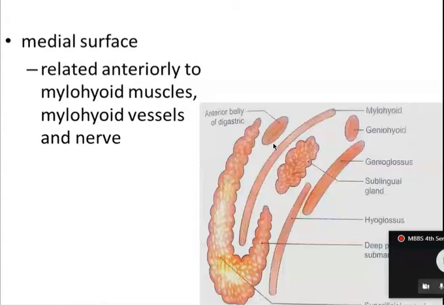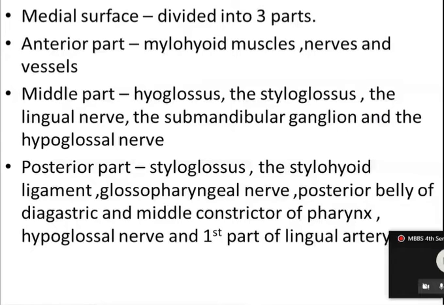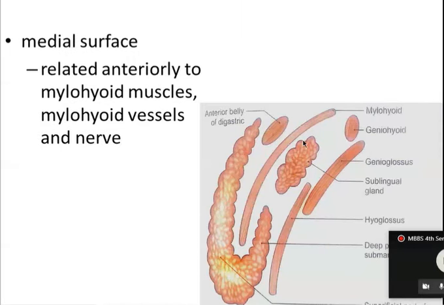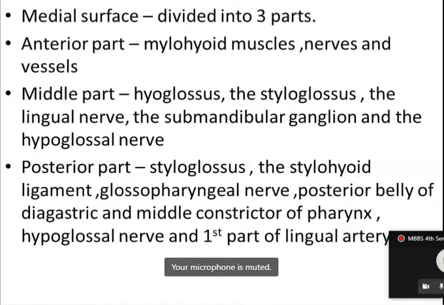So the anterior part is related with the mylohyoid muscles, nerves, and vessels. So mylohyoid muscles along with the nerves and vessels here in the anterior part. Similarly, the middle part is related with the hyoglossus, styloglossus muscles, the lingual nerve, the submandibular ganglion, and the hypoglossal nerve. And the posterior part is related with the styloglossus muscles, the stylohyoid ligament, glossopharyngeal nerve, the posterior belly of the digastric, and the middle constrictor of the pharynx.